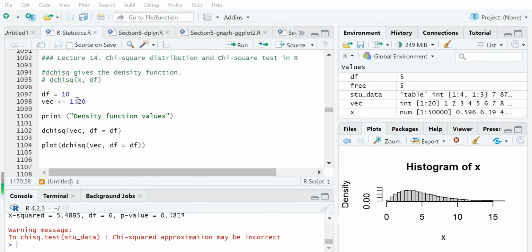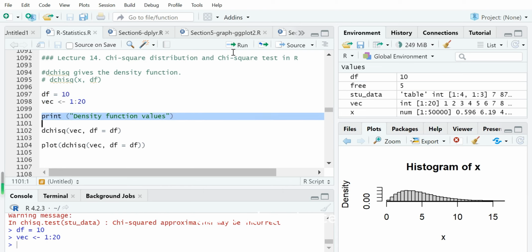So now we go to RStudio. The first function for the chi-square distribution is dchisq. It's very simple. We just define a vector for the critical value or random variable in chi-square distribution and set the degrees of freedom. Then the density for each value will be calculated. So we set degrees of freedom to 10 here, and a vector from 1 to 20.